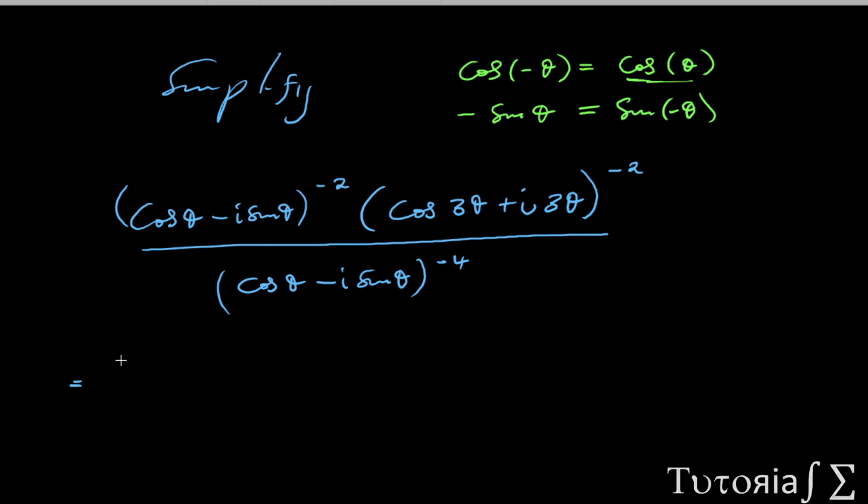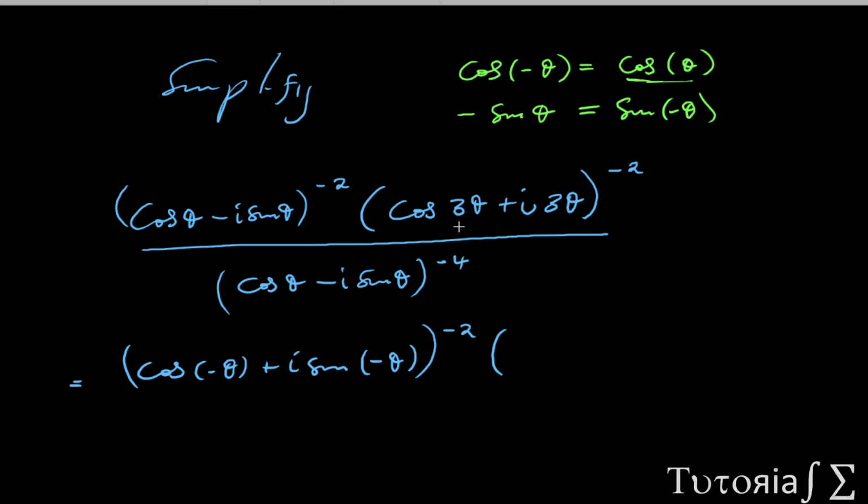We're going to have cos theta is the same thing as cos of negative theta, then plus I, then negative of sine theta is the same thing as sine negative theta, like that. Then everything raised to the power negative 2.